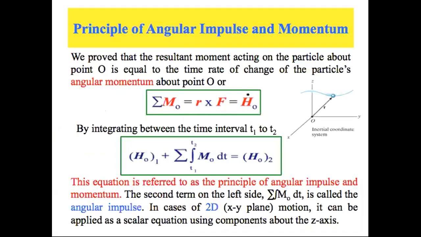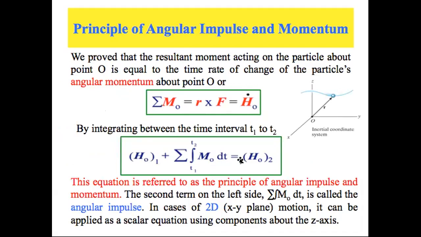We proved that the resultant moment acting on a particle about point O is equal to the time rate of change of the particle's angular momentum about point O. By integrating over the time interval t1 to t2, we found the principle of angular impulse and momentum.